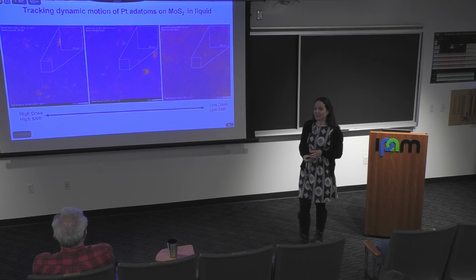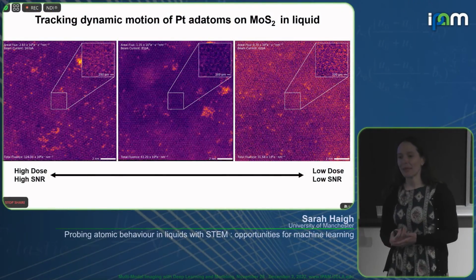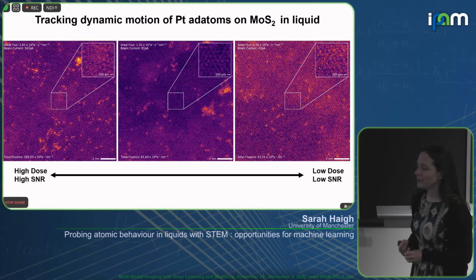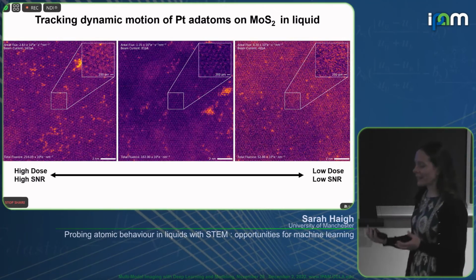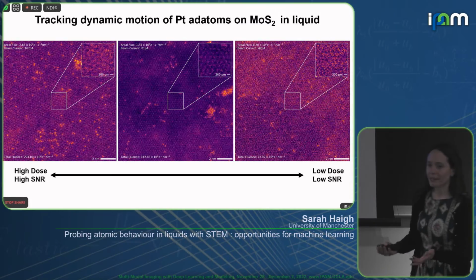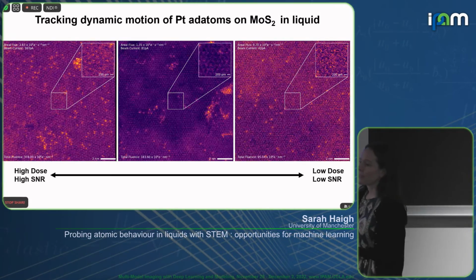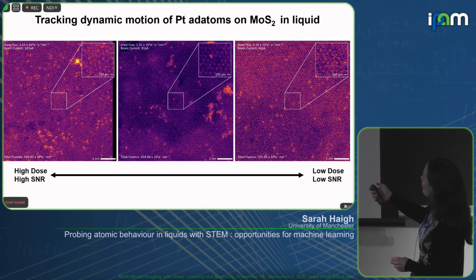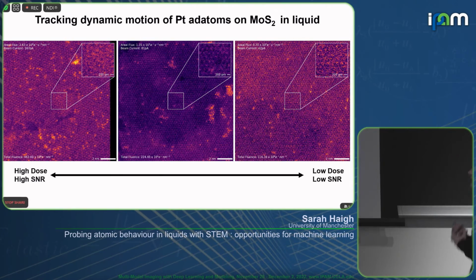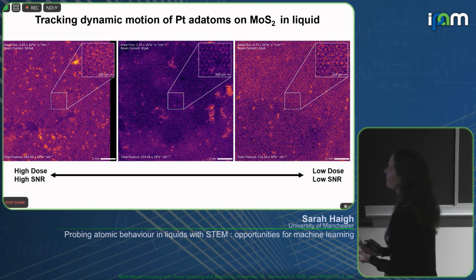Okay, and we have tried to look at the effects of different electron doses, because clearly the electron beam is having an effect on this system. It's a little bit like trying to understand how somebody would swim by asking them to go in a boiling paddling pool and throwing things at them, and then trying to understand how somebody learns to swim. And so we really would like to have less interaction of the electron beam with the system.